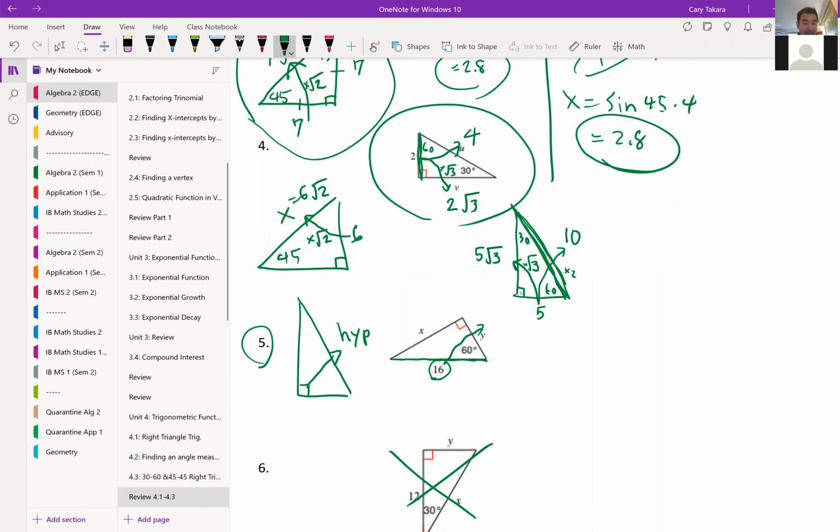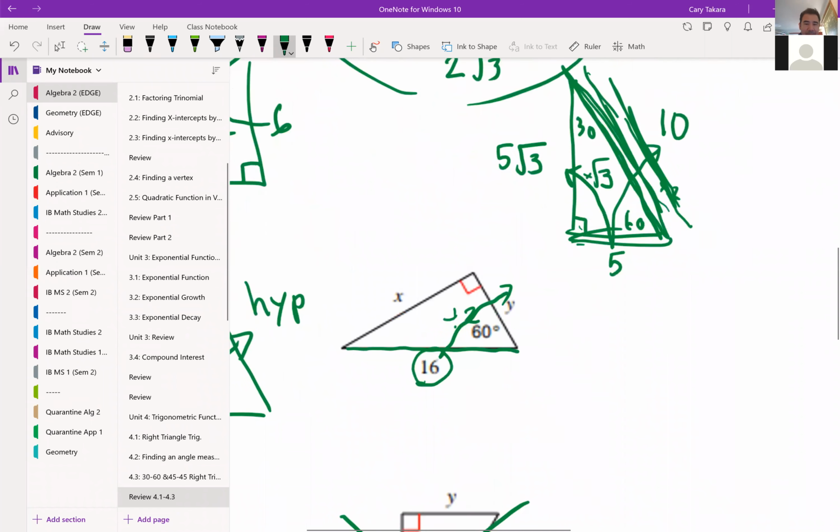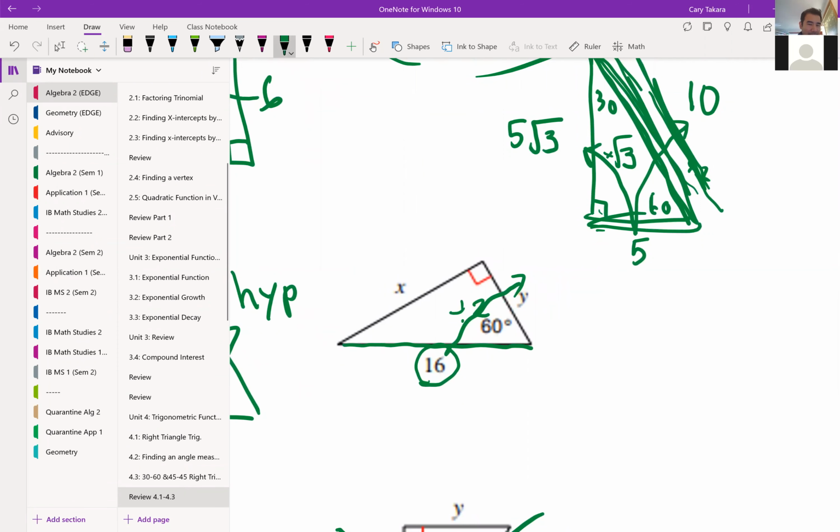You will divide by, in this case, it is the hypotenuse. Hypotenuse to the short leg is double or half, so you have to divide by 2. So the y is going to be 16 divided by 2, which is 8. Yeah.